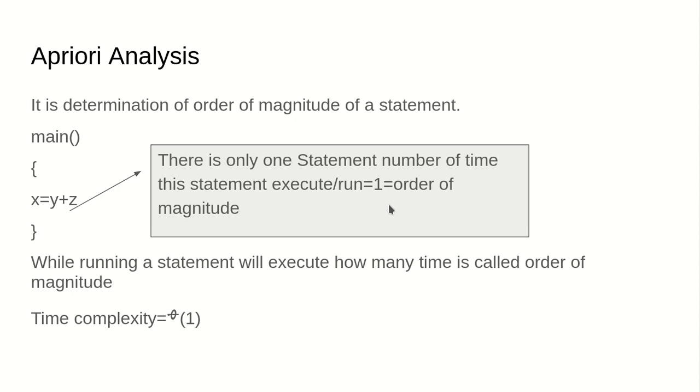The number of times this statement executes equals 1, which is the order of magnitude. This is the order of magnitude of this statement, and the time complexity will be theta of 1.